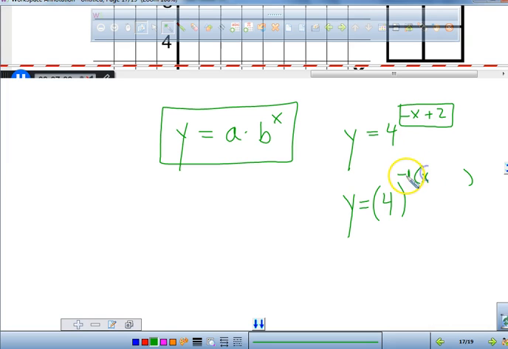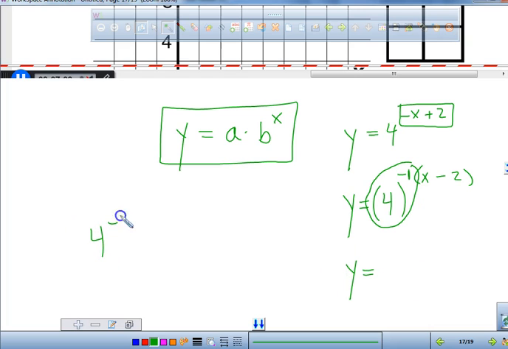An x, because negative 1 times x is a negative x, right? Negative 1 times x is negative x. Negative 1 times what number gets me a positive 2? Negative 2.